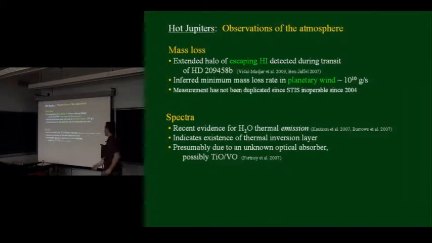This will be interesting because in 2003, an extended halo of escaping neutral hydrogen was detected around HD 209458b. So it's inferred that you've got this cloud of hydrogen extending beyond the Roche lobe of the planet that is escaping. This is a form of planetary wind. And from the observations, a minimum mass loss rate of about 10^10 grams per second was inferred.